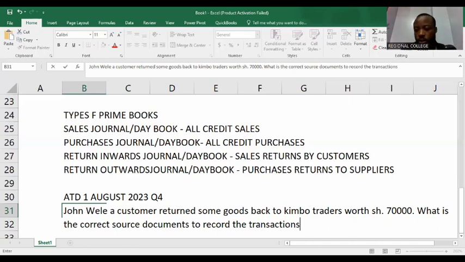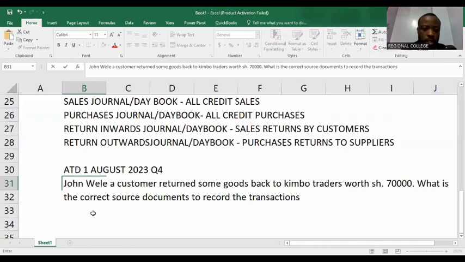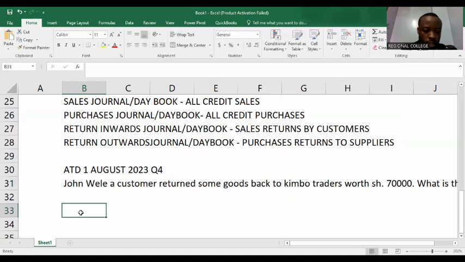That is how the question was asked, and you're given multiple choices. The first one, A, is sales invoice.